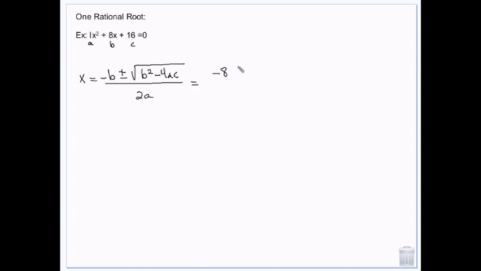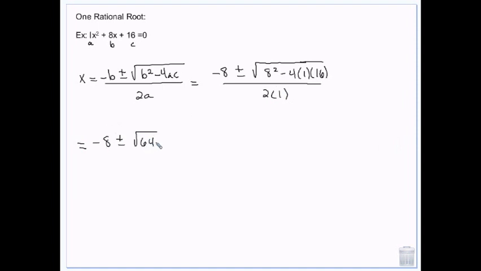So if I plug these in, I get -8 plus or minus the square root of 8 squared minus 4 times 1 times 16 over 2 times 1. So I get -8 plus or minus the square root of 64 minus 64 over 2.